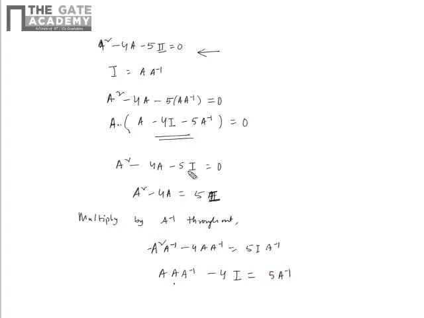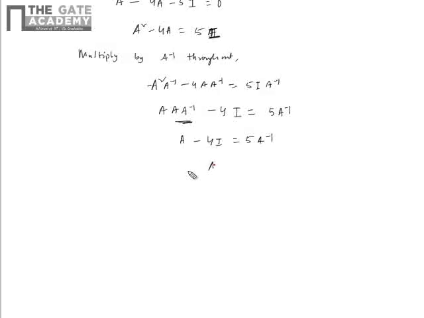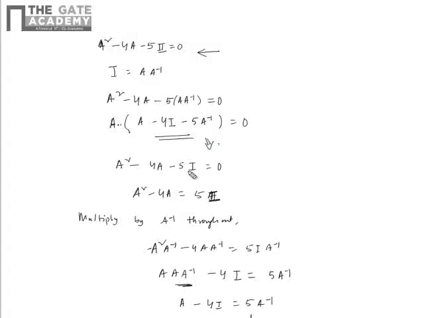So A minus 4I is equal to 5A inverse, and therefore A inverse is equal to 1 by 5 into A minus 4I. So this we got from this also, setting this equal to the null matrix because A can't be 0. So this is one proof, or the other proof is this.